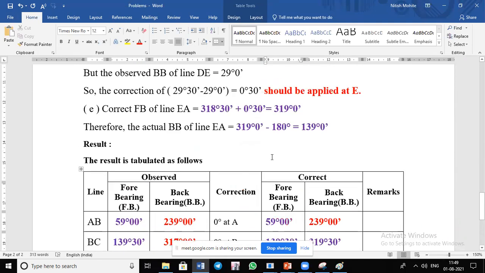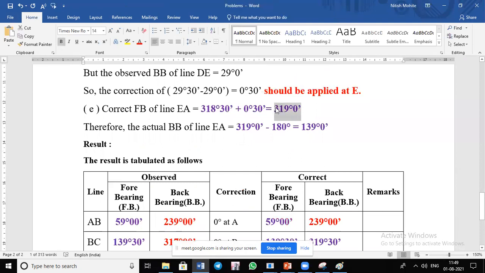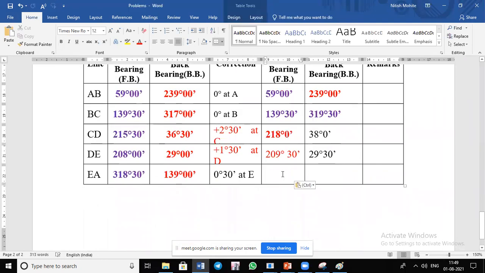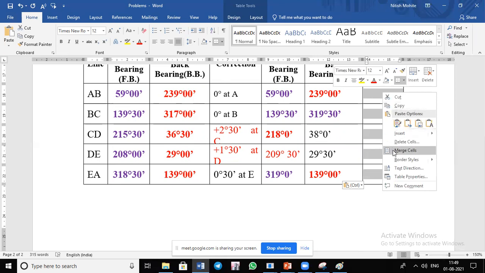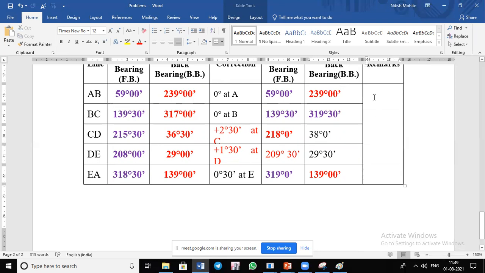So here corrected it is 319 degree, and final it is as it is. Okay, that is the difference. It is coming out to be 180 degree. Okay, and the remark, what will be the remark? It will be a common remark that stations A and B are free from local attraction.